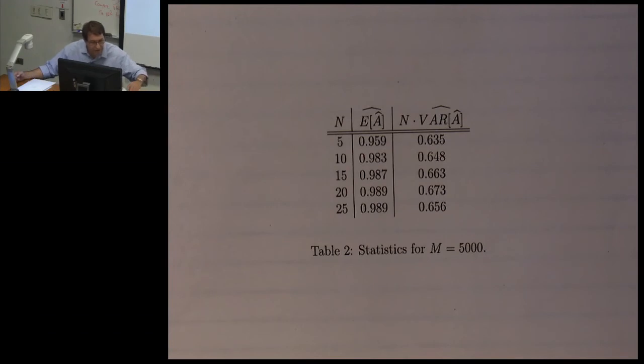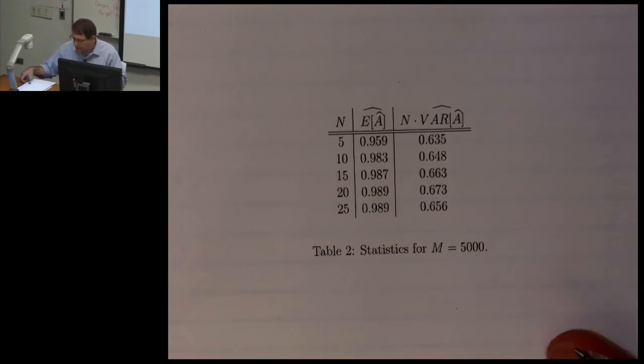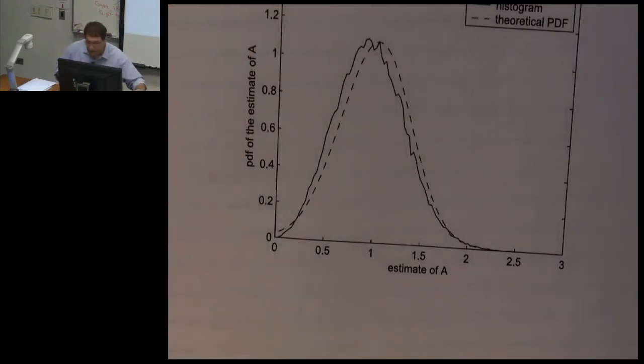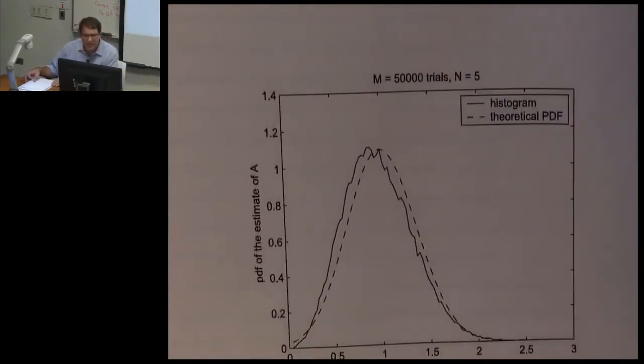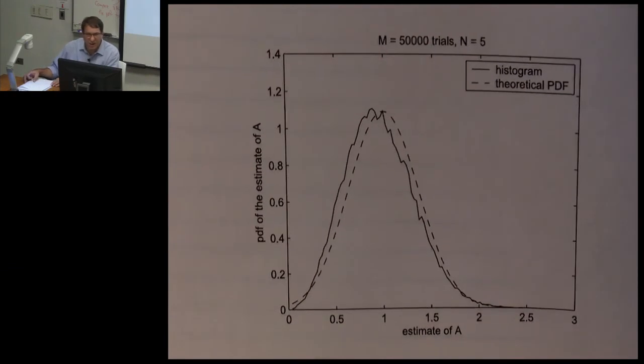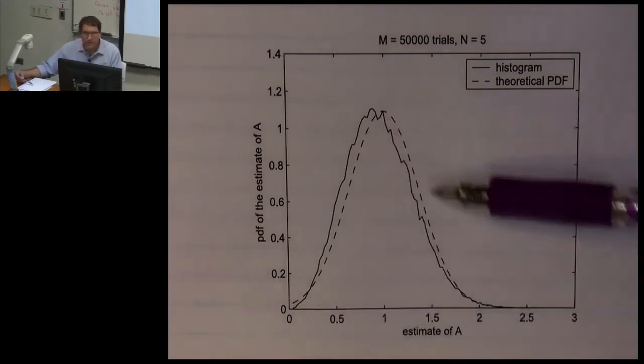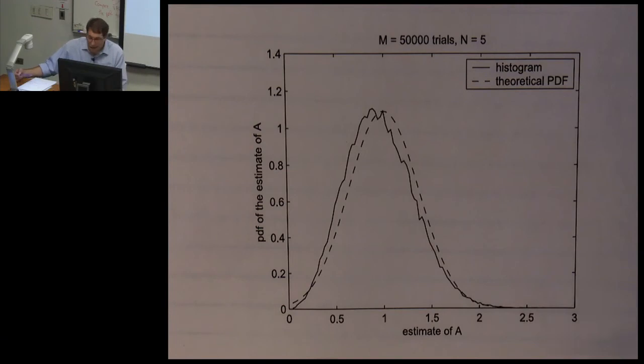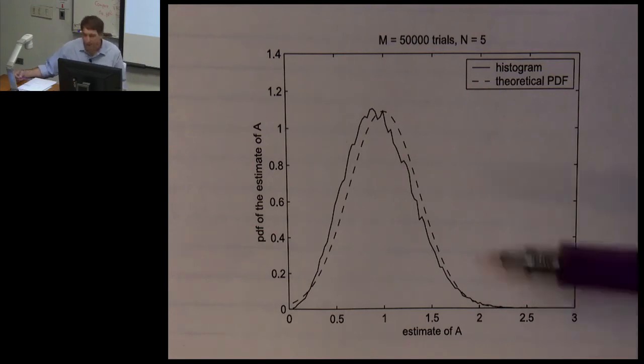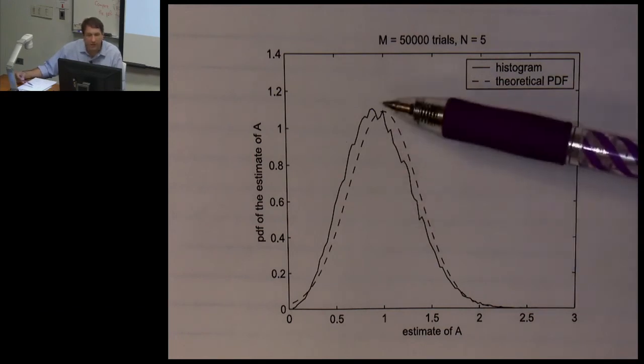If we look at the distributions of the estimates, we get plots that look like the following. This is the plot for the histogram when n is equal to 5. The dashed curve is what we would expect if that asymptotic efficiency is already obtained, so there's a variance associated with it, and it's unbiased.